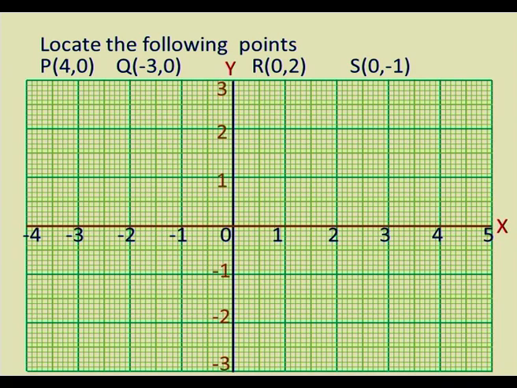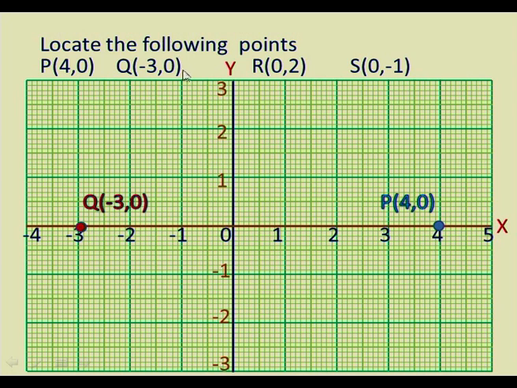Let us come to the graph. Now, the first point is P 4 comma 0, where is it? It is on the x axis. The reason is that x is equal to 4, y is equal to 0, that means the y value is 0. Are you clear now? Now, one more point Q minus 3 comma 0, x is equal to minus 3, y is equal to 0.